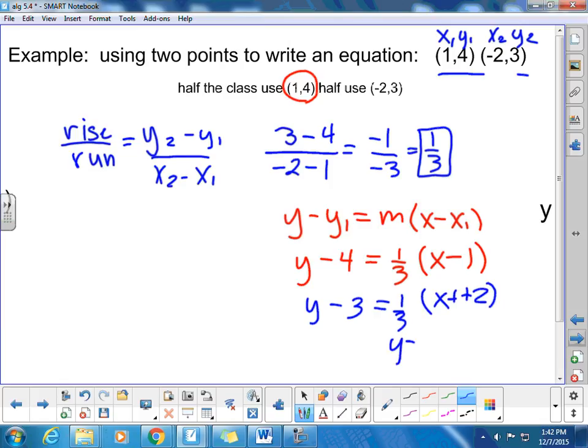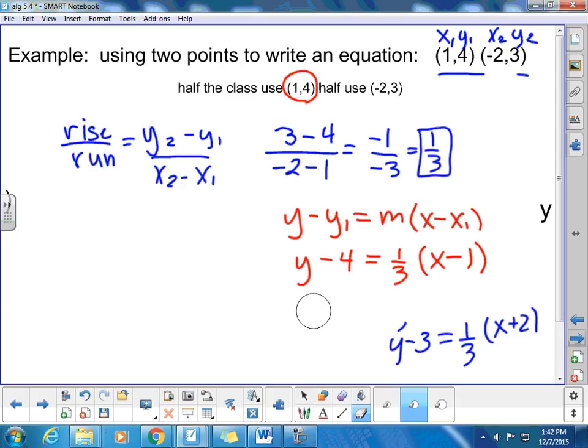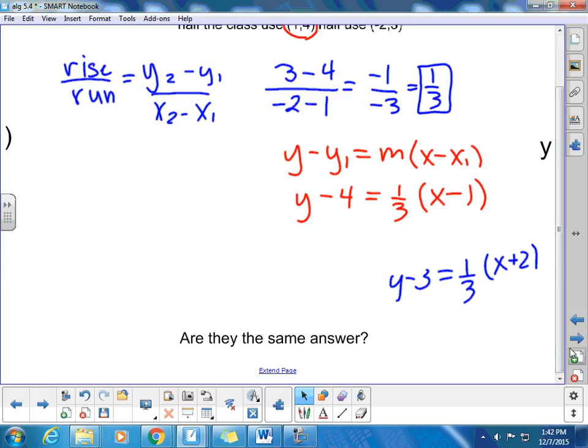So y minus 3 equals 1/3 x plus 2. You can see that those two equations don't really look alike, but let's move them around a little bit and see, are they the same equation, yes or no?